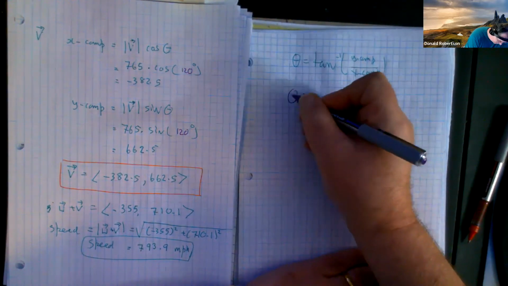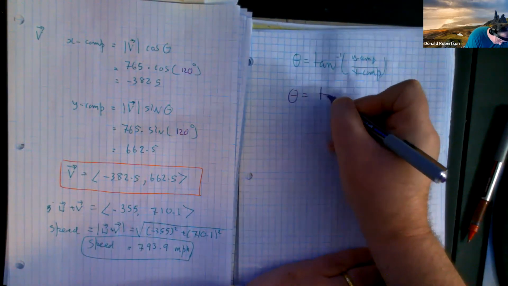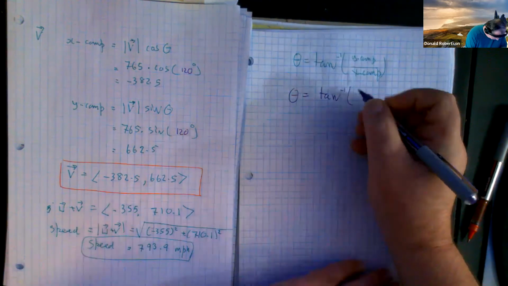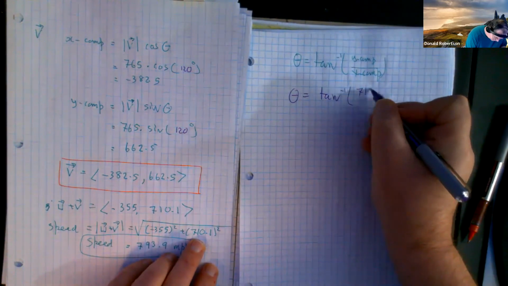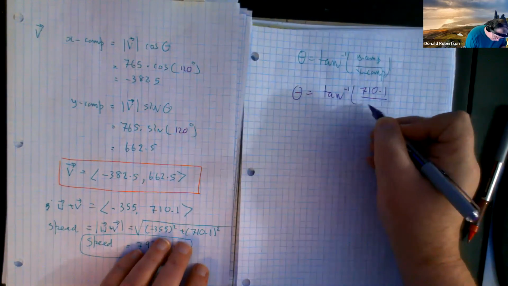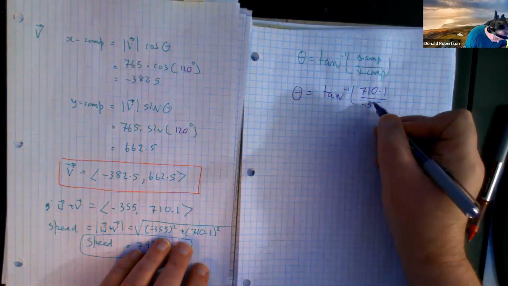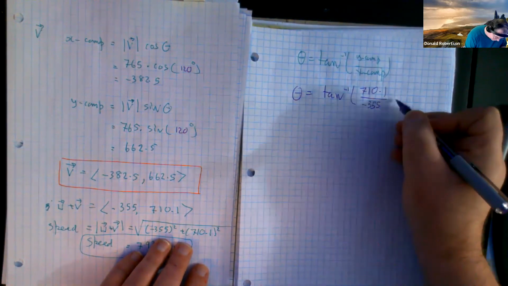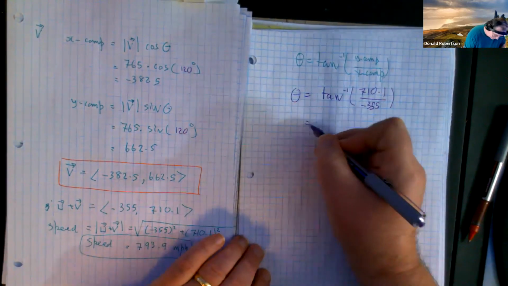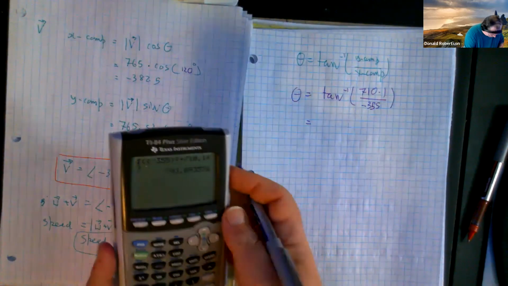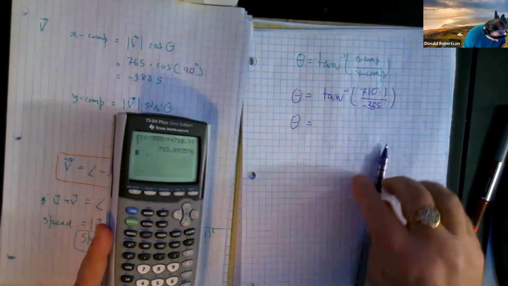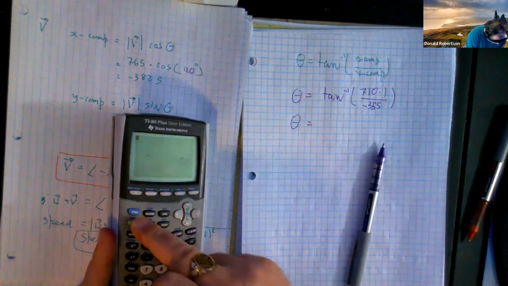So theta, which is the angle that you make with the x-axis, is going to be 710.1 over negative 355. Let's see what that looks like. Pretty sure that's going to be an awkward answer.